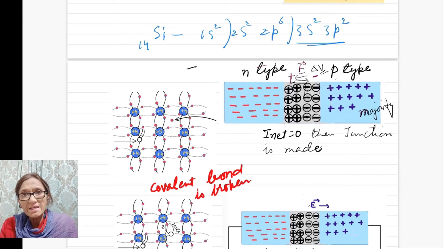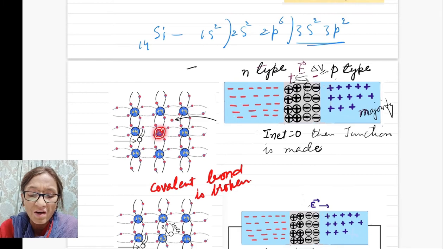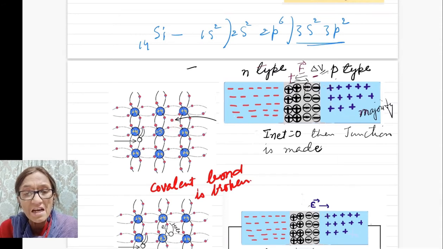For stability, these atoms need to make an octet. So an octet is made: 8 electrons are there and they are shared in between. Out of the 5 electrons, 4 make covalent bonds and the fifth electron is left free.